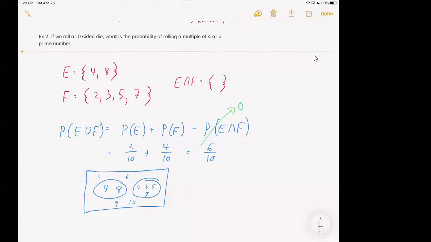So 4 in 10 are not in E union F. So the probability of being in E union F would be 1 minus 4/10, which is 6/10, which is exactly what we just got. So when you have an or statement, if there is no overlap between the events, you can add the probabilities up.